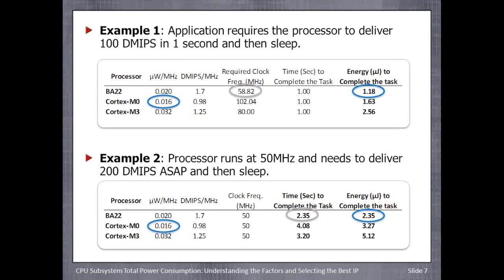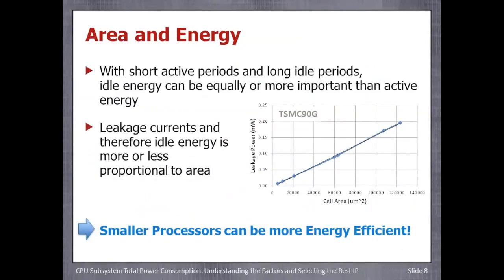Another parameter that affects the energy efficiency is area. Area is important when we've got an application with short active periods and long idle periods. In such a case, the idle or static energy can be equally or more important than active or dynamic energy.